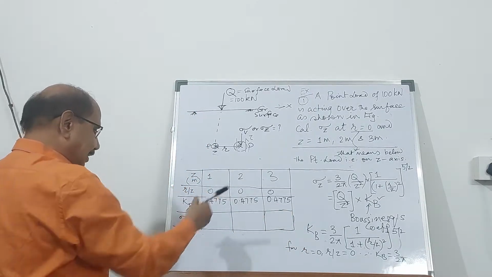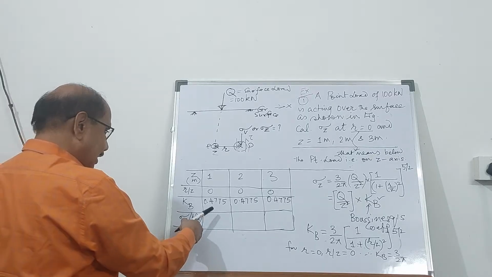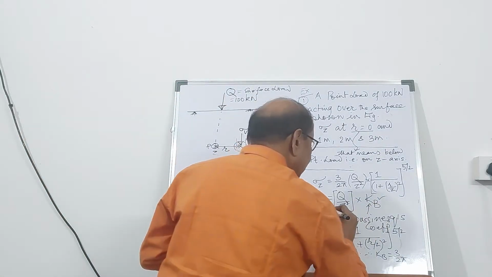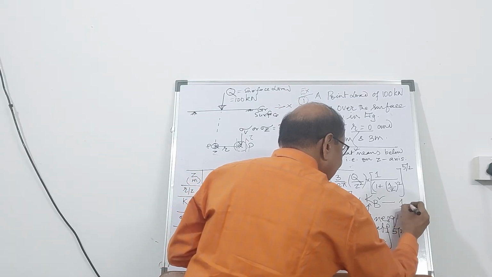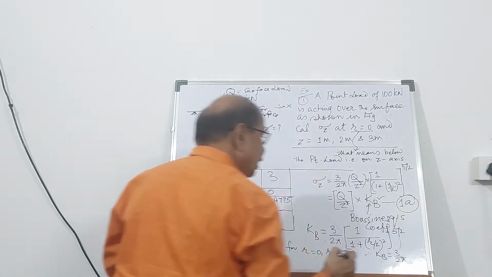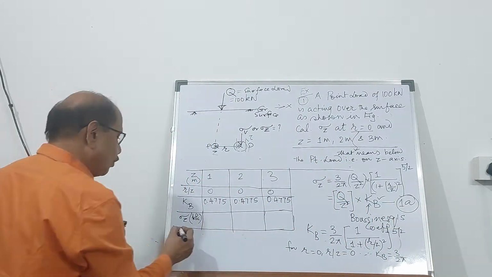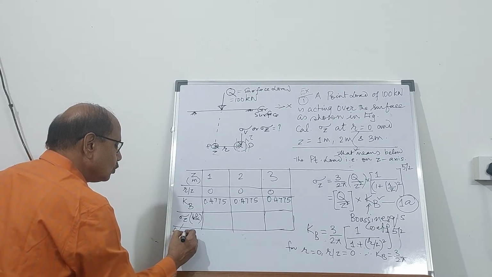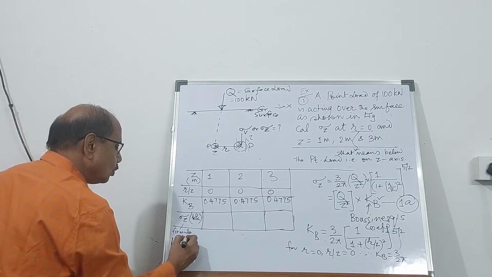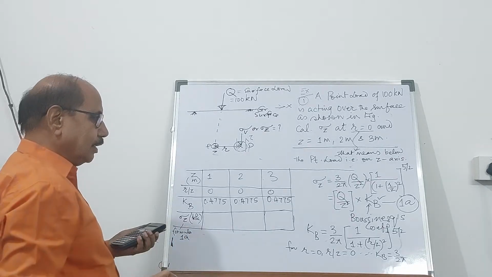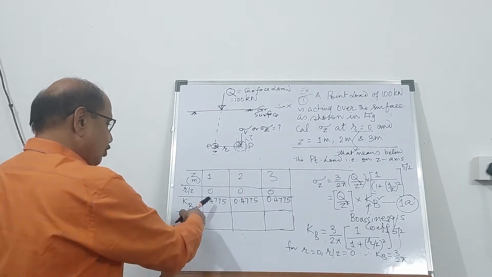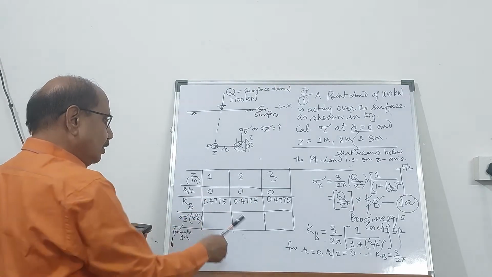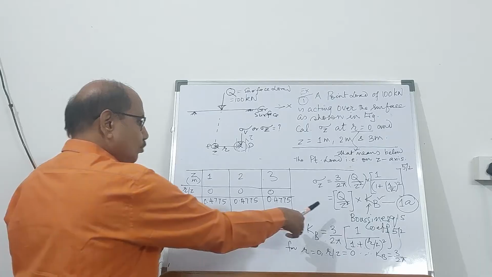As Z increases, this is very important, use formula 1A. Kb is already known to us. Q by Z square, and Z is 1, so this becomes 1.